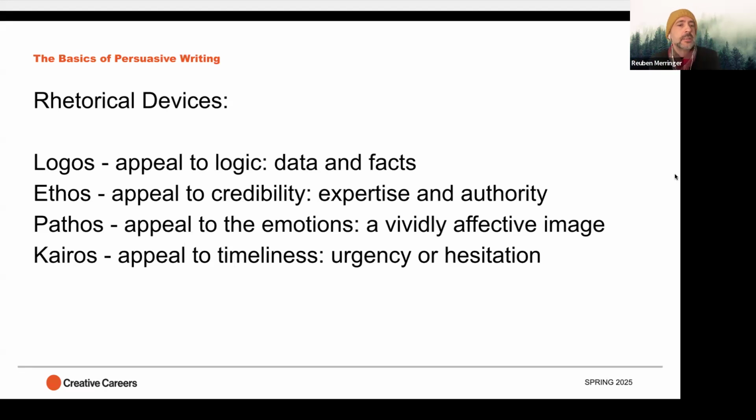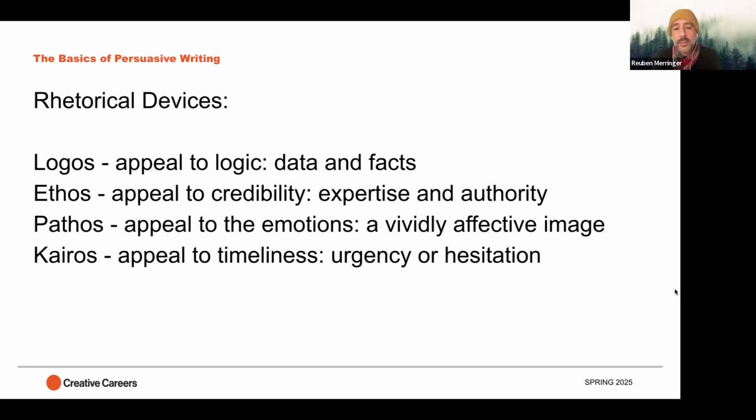Logos, like it sounds, is an appeal to logic. So you might be using data and facts. Ethos is an appeal to credibility or authority. So you want to point to your own expertise on a topic, or you might want to point to an authority on the subject. Whatever professional voice is something that you can incorporate into your own writing. Pathos, if you think of words like sympathy, empathy, pathetic, this is about the emotions.